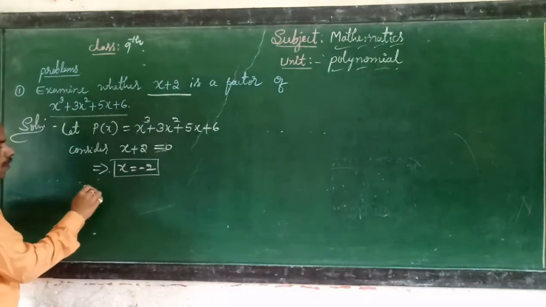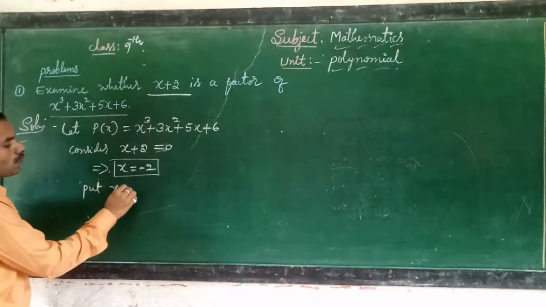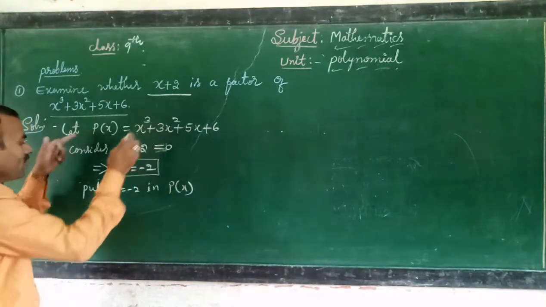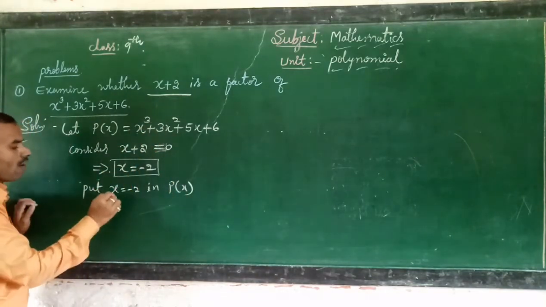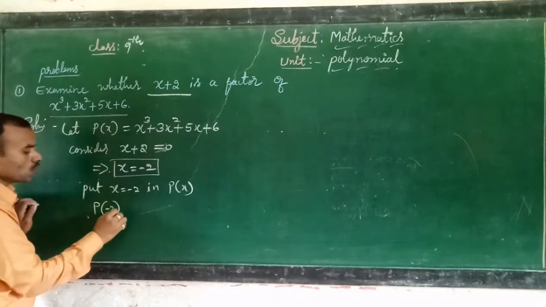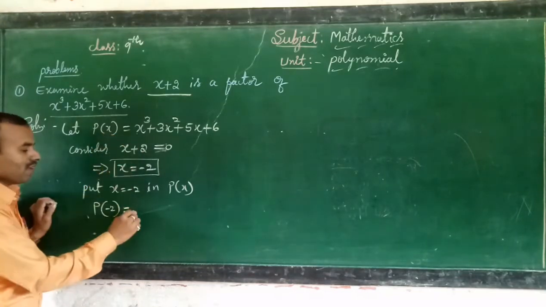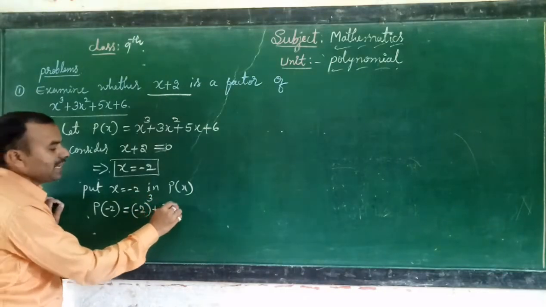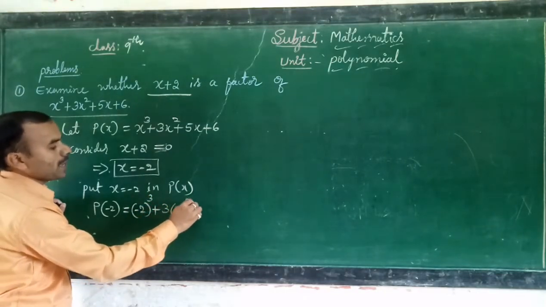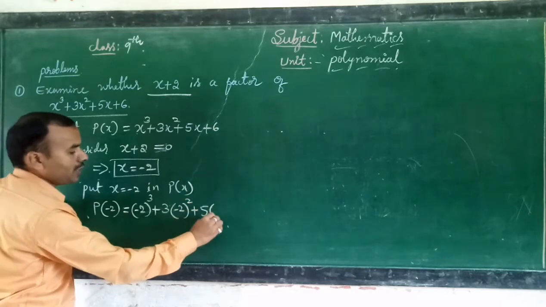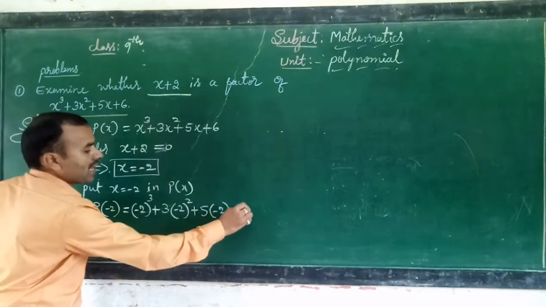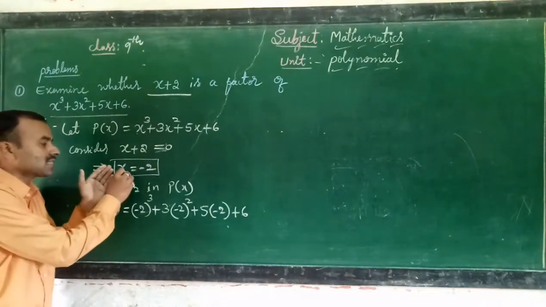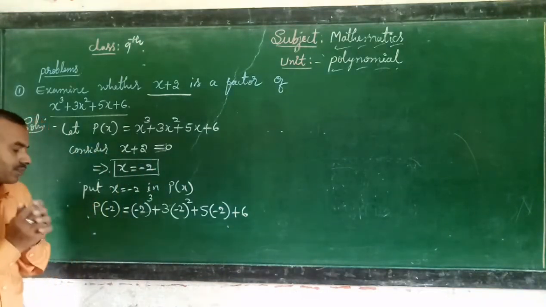Put x is equal to minus 2 in p of x. P of minus 2 equals minus 2 whole cube plus 3 into minus 2 whole square plus 5 into minus 2 plus 6. Instead of x, we only put x equals minus 2.